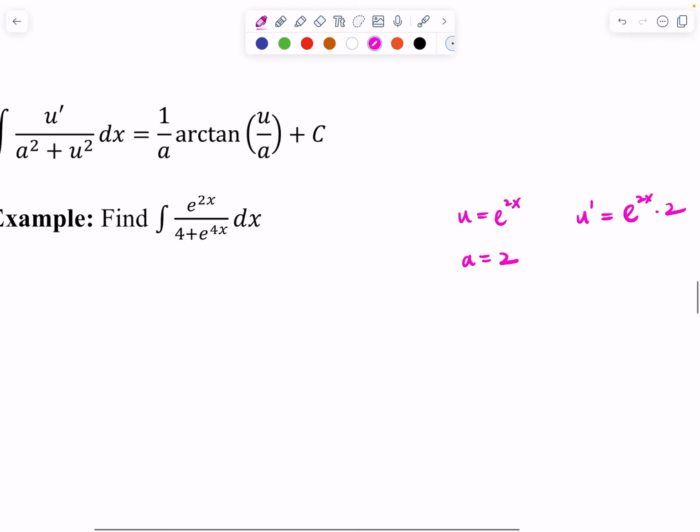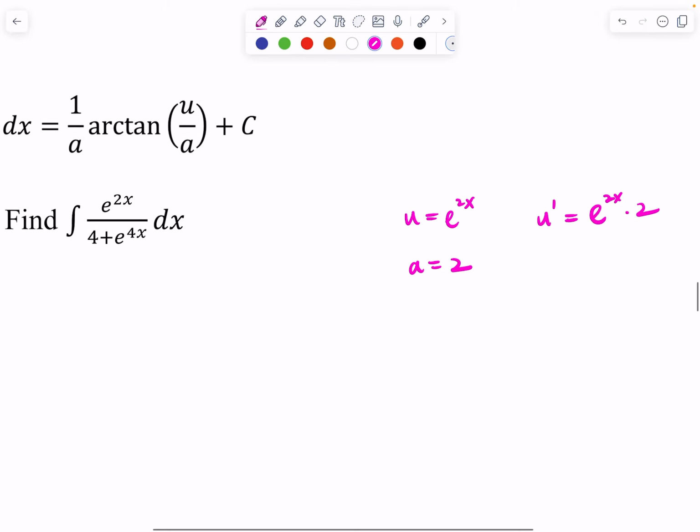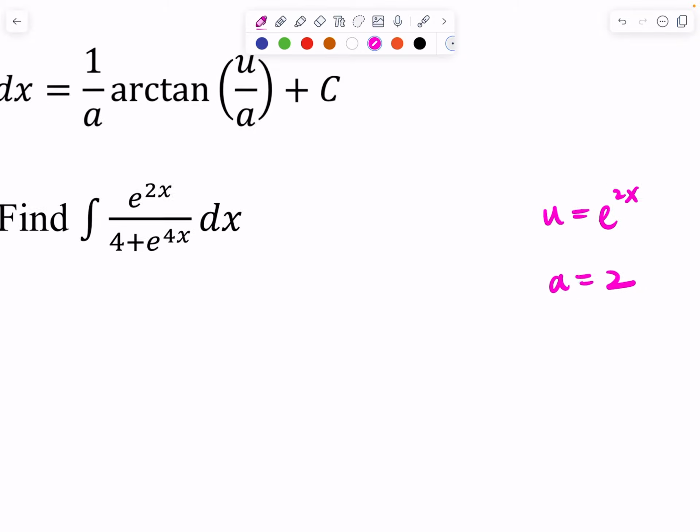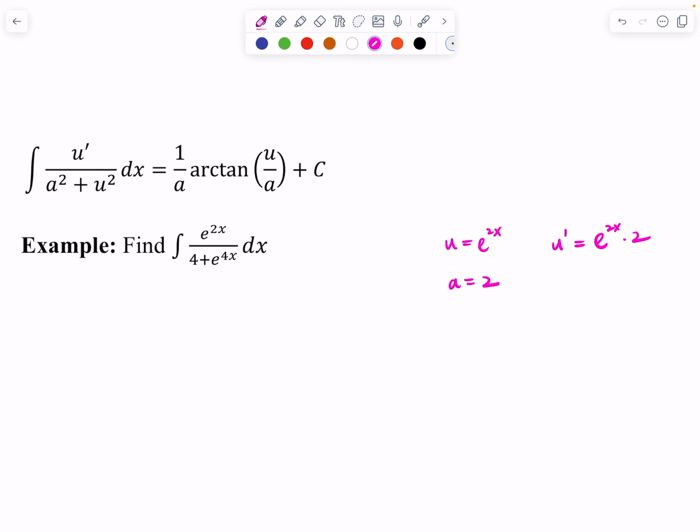Now here's the thing. If u prime is equal to e to the 2x times 2, or 2 times e to the 2x, we have an extra 2 there. So what we could do in order to apply the formula and have the complete u prime there is we could think about multiplying by a version of 1.